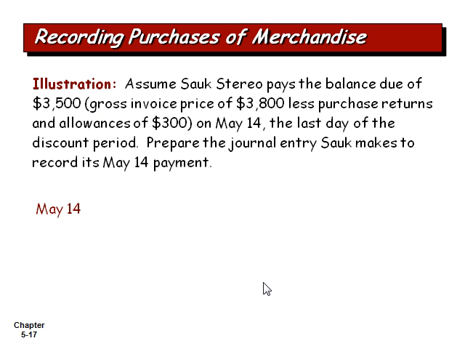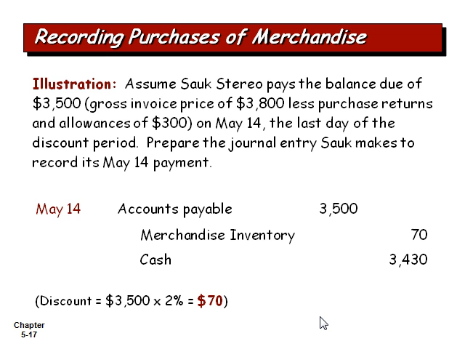Another illustration here. Assume Sock Stereo pays the balance due of $3,500. That was the gross of $3,800 less our return of $300 on May 14th, the last day of the discount period. Prepare a journal entry Sock makes to record its payment. Well, we're going to make a payment, so we know we better be crediting cash.